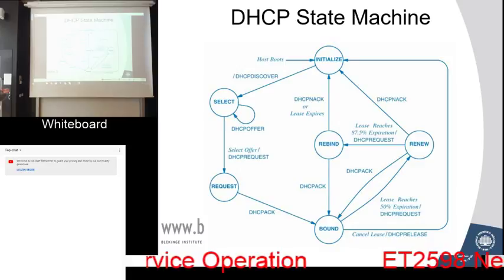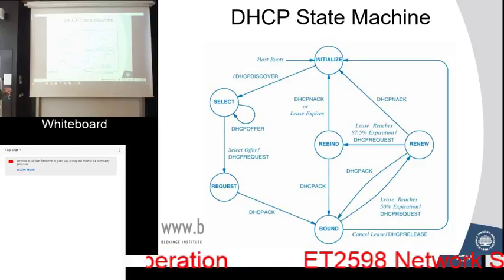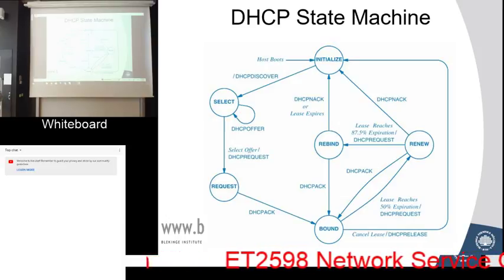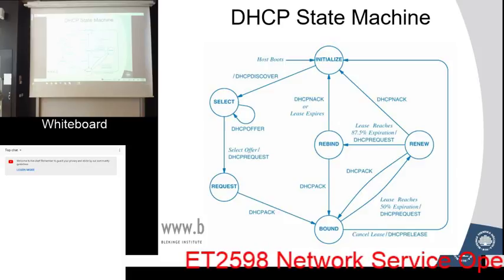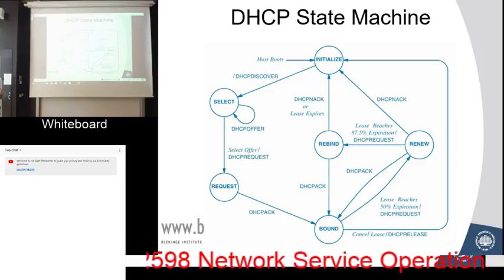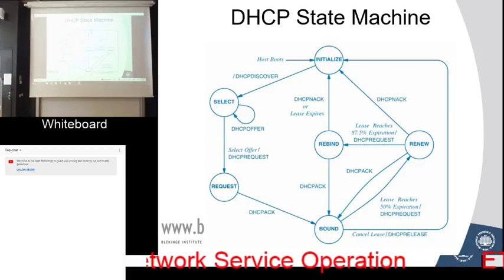If you want to make the client change address, you cannot push that onto the client. The client needs to release it and then re-request, and then it can obtain another address.